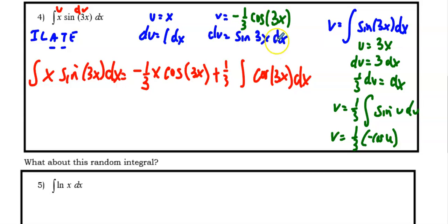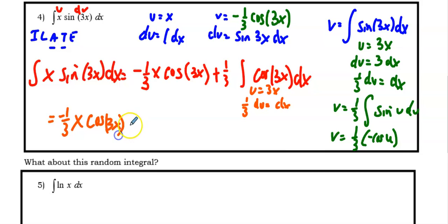Just like in the previous step, we're going to make u equal to 3x, and you guys get the whole issue that 1/3 du equals dx. So we have to pull out a 1/3. So let's write out that this piece here is negative 1/3 x cosine of 3x.